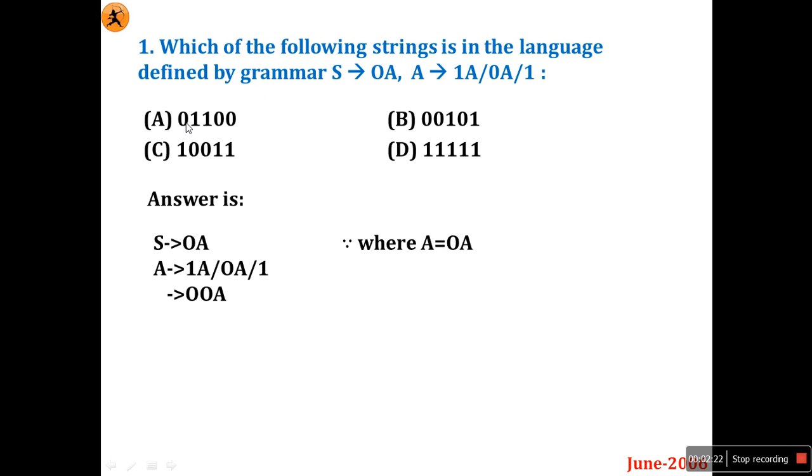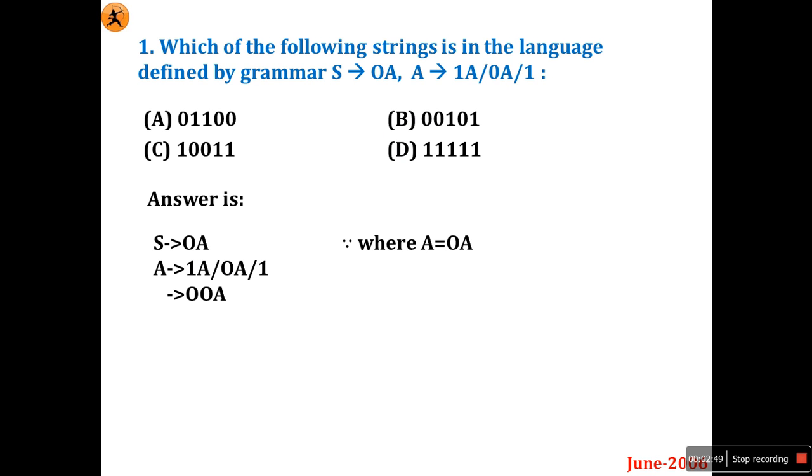And A is repeatedly generating, so definitely if A ends with a terminal, that is 1. So by looking at this language only, you can assume it starts with 0 and ends with 1, so the answer is B only. That is the initial assumption.